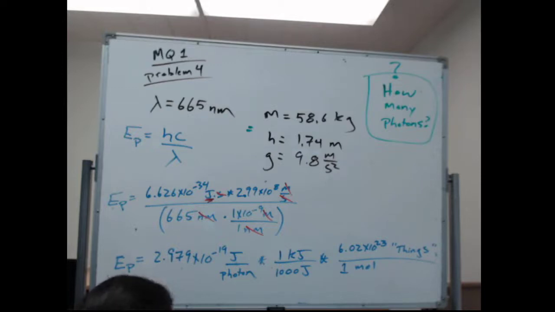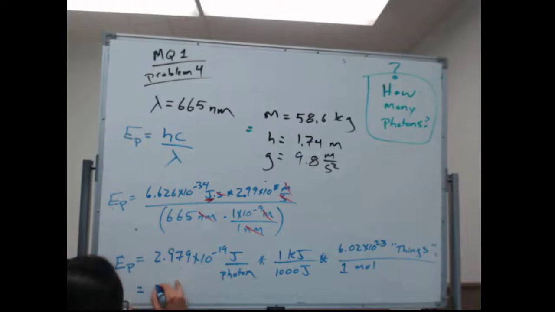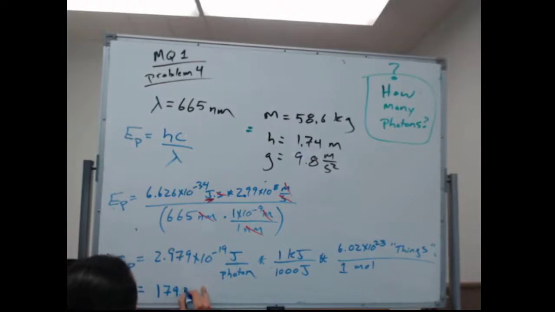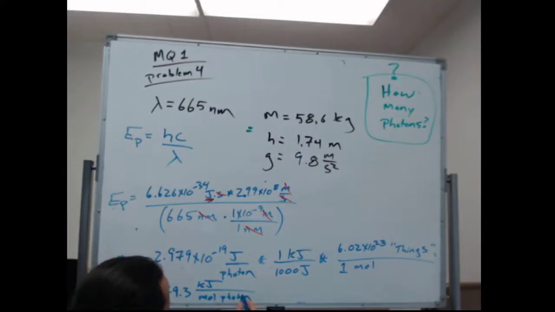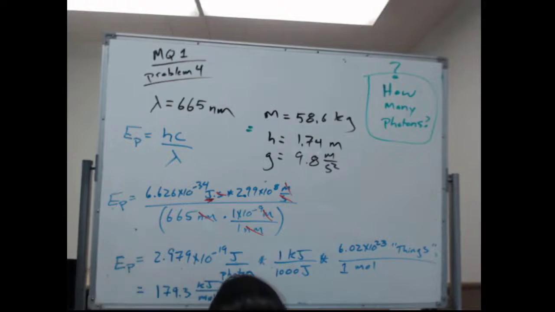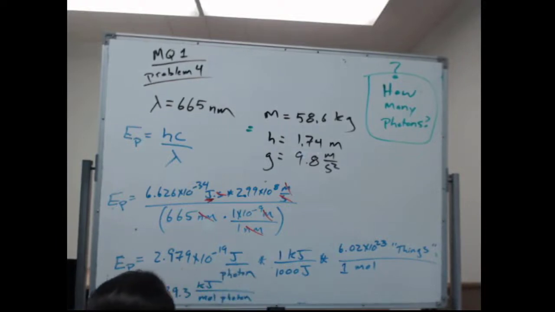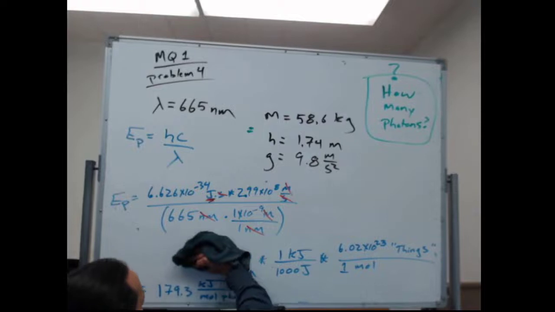2.979 times 10 to the minus 19 divided by 1,000 times 6.02 times 10 to the 23rd. And I get 179.3 kilojoules per mole of photons.